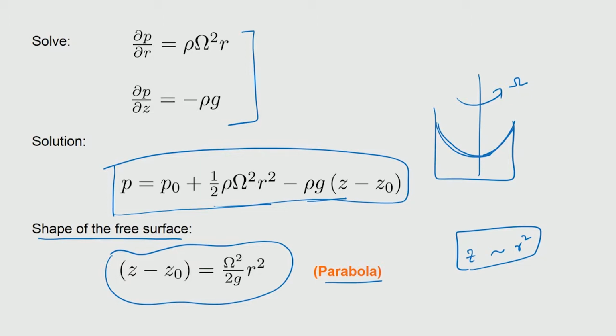So, we see that the idea of a parabolic shape has come out only from the statics problem when there are no velocity components at all, and by looking at the equations in the Navier-Stokes equation for the cylindrical coordinate system. So, this is interesting, and we are now seeing that the pressure variation can also be derived from these equations.